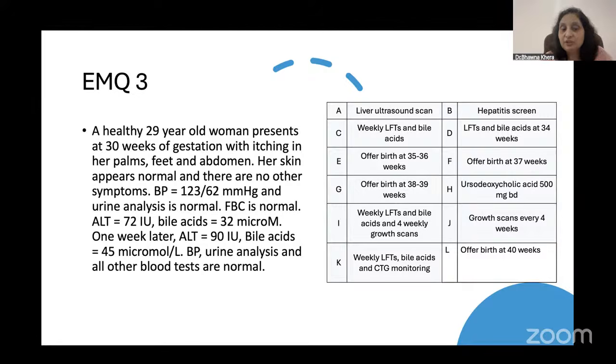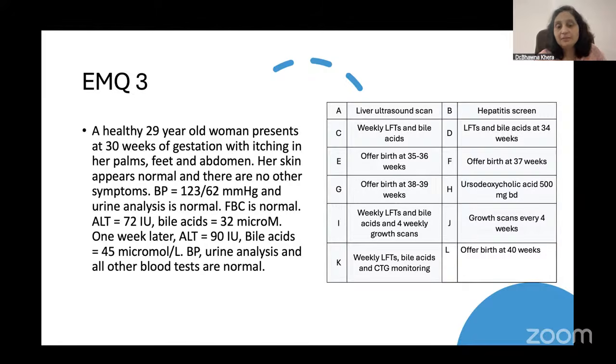ALT is 72. Bile acids are 32. One week later, ALT becomes 90 and bile acids become 45. Now the BP, urine analysis and all other blood tests are normal. What is the next step? What is the most appropriate step in the management of this patient?